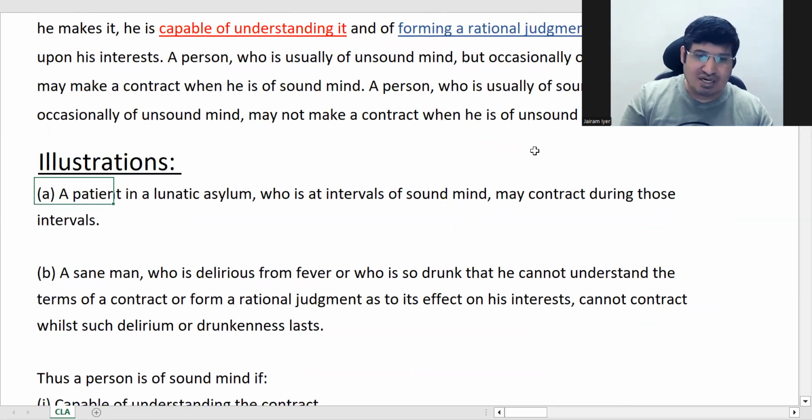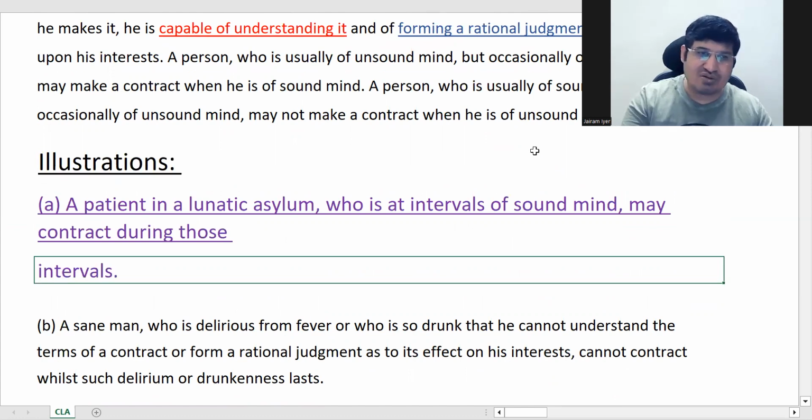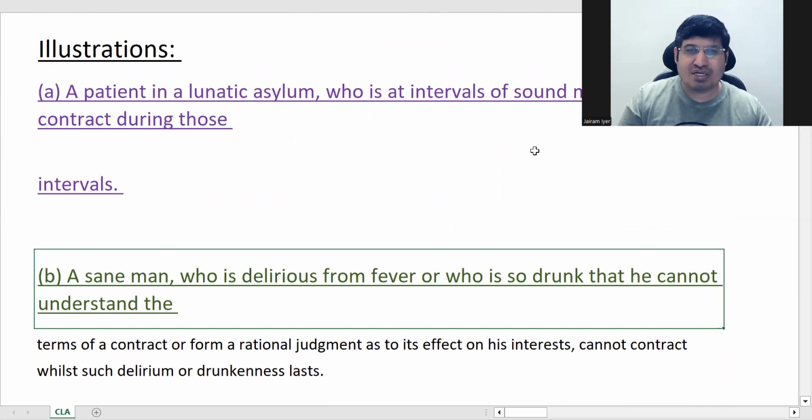Illustrations. A patient in lunatic asylum who is at intervals of sound mind may contract during those intervals. Okay, we saw that. Next is a person who is normally sane. Sane means whose mental state is fine, but is delirious with fever. Delirium means when you are not understanding anything and you are in some sort of attack.